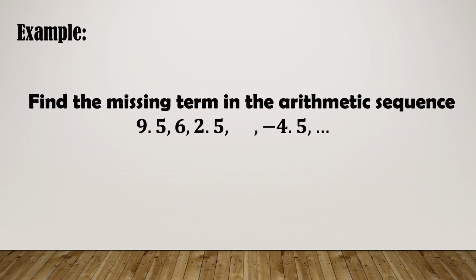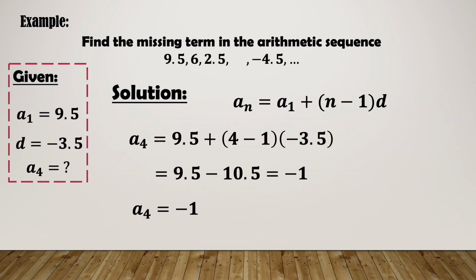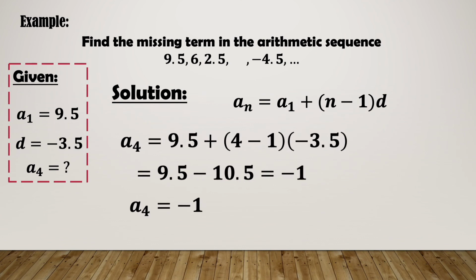So here's some example. Find the missing term in the arithmetic sequence. 9.5, 6, 2.5, blank, and negative 4.5. The givens are a sub 1 is equal to 9.5. The common difference is negative 3.5.